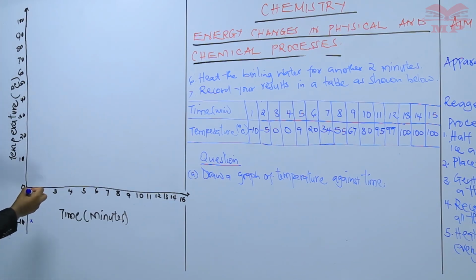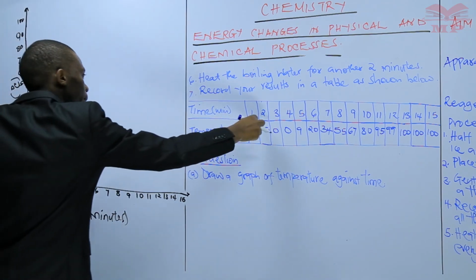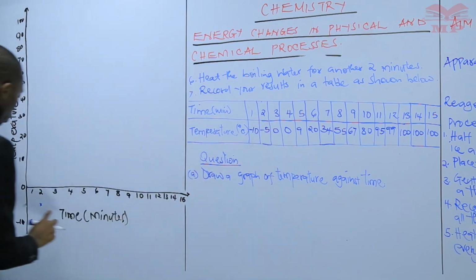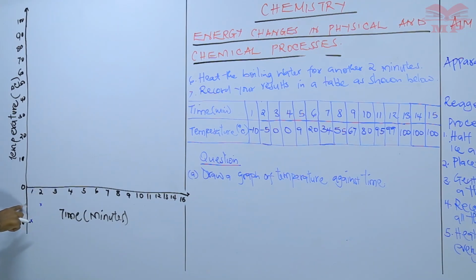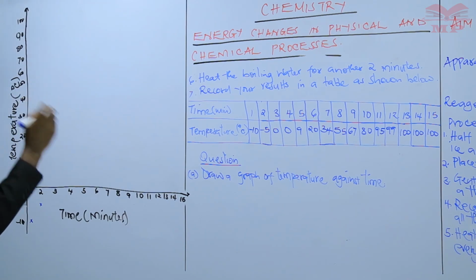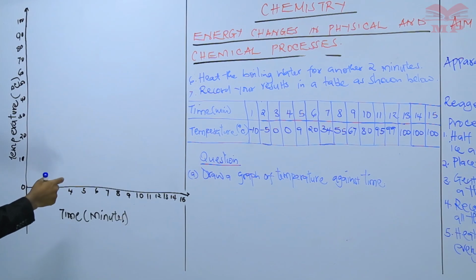The second, we have at 2. At second minute, you have -5. So second minute and -5 is somewhere there. Then our plot should be at such kind of a point. The next point is 3. The third minute, the temperature is 0. So our plot should be somewhere there.